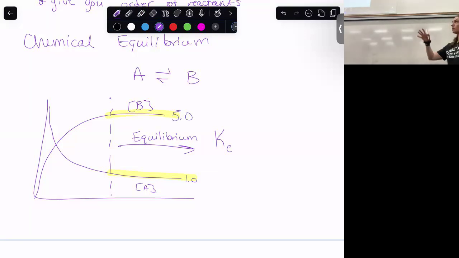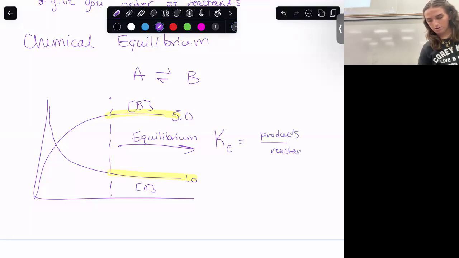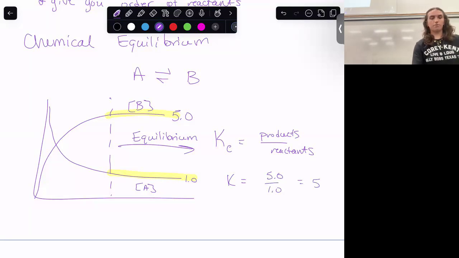So you have a concentration of 5 molarity for B and 1 molarity for A. How do we set up K? Is it products over reactants or reactants over products? Products over reactants. So Kc for this one is going to be 5 over 1. So K is equal to 5.